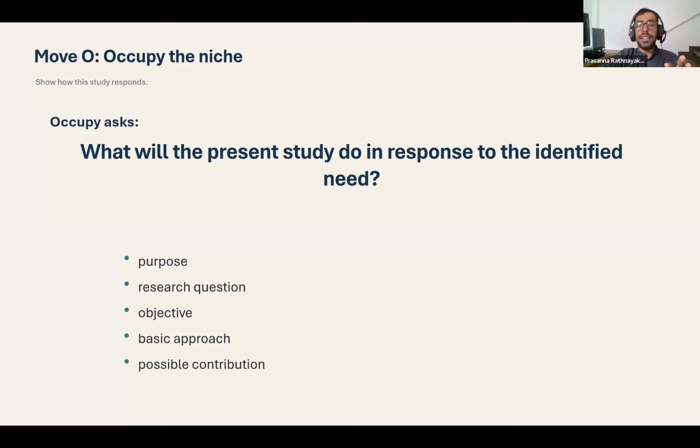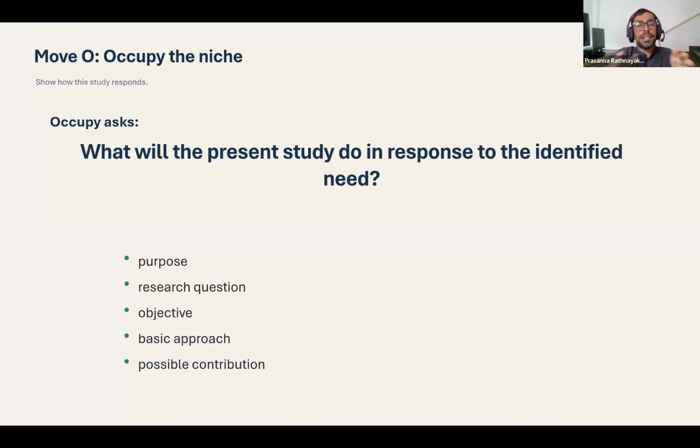In a completed study, you may report what your study did. But whatever the stage of your research, whether planning, ongoing or completed, the important thing is alignment.